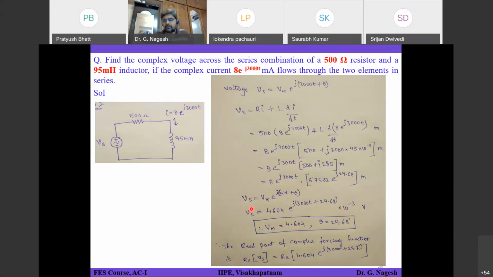Only to simplify our analysis process, we have added an imaginary term to the source, and obviously the response, that means current, should also be an imaginary term. So that's why we have represented current also in imaginary format. We have solved the solution, and at the end, we will take only the real part of the solution. That is what is actually required for us, and that is what is actually flowing in your circuit when you apply a real source.